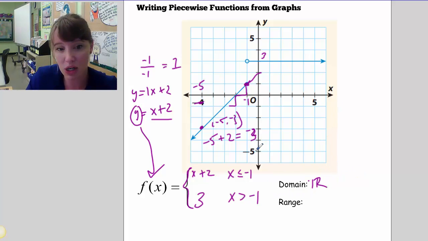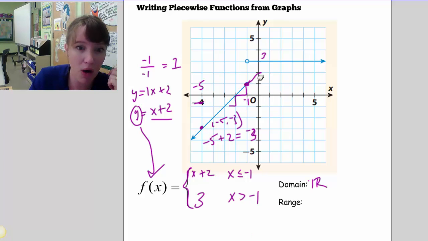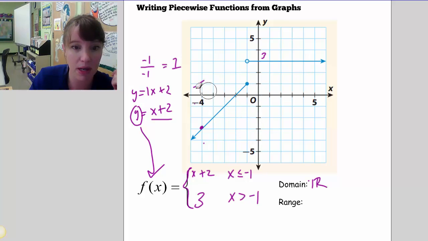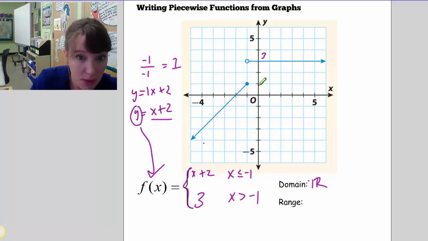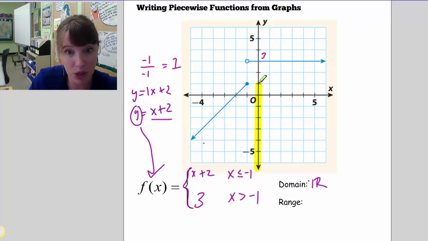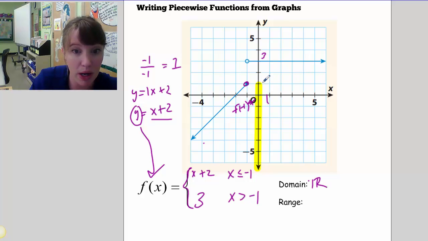Now my range is a little tricky. Let's think about all the values that this gets. Let me clear this out for a minute here. Now, the values of y that the function can get, and I'm going to draw on the y-axis, the output is any value of y that's less than, and I'm also going to include the value of 1, because f of negative 1 would be equal to 1 right here.